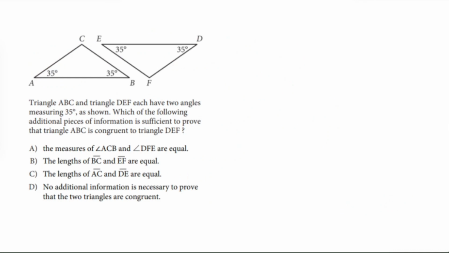Question number 5. Triangle ABC and triangle DEF each have two angles measuring 35 degrees as shown. Which of the following additional pieces of information is sufficient to prove that triangle ABC is congruent to triangle DEF? Two triangles are said to be congruent if all three corresponding sides are equal and all three corresponding angles are also equal in measure.